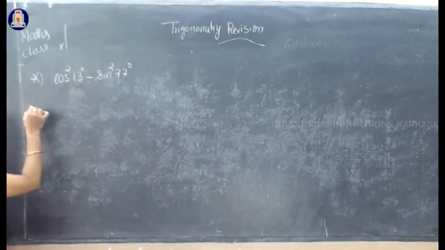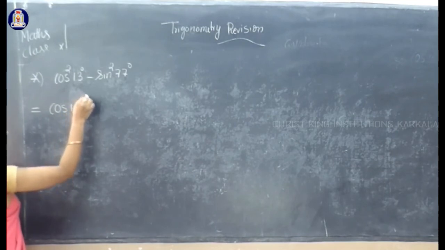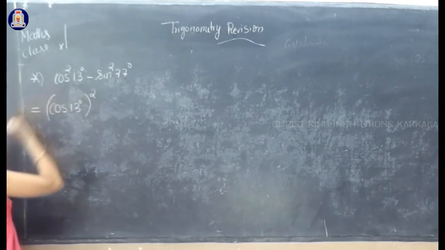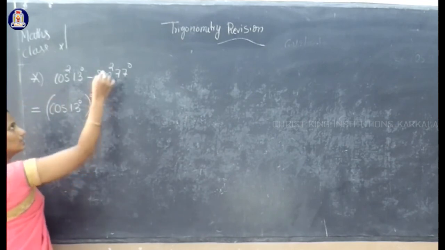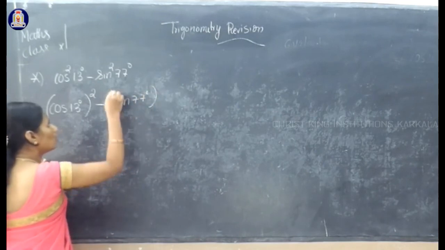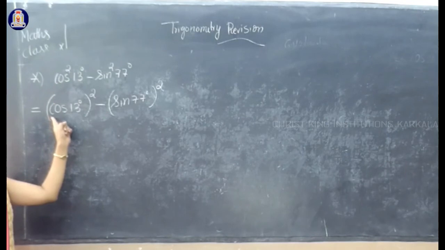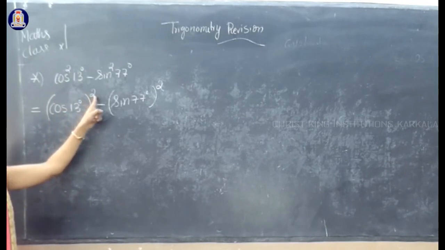See, this same can be written as cos 13 degrees whole square. Both are same, right? Cos 13 degrees whole square minus sin 77 degrees whole square. Already I told, cos square can also be written as cos whole square.